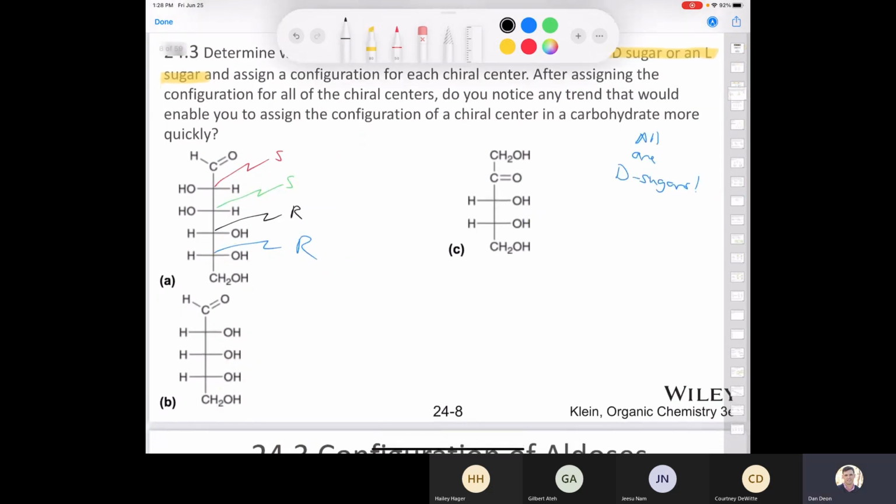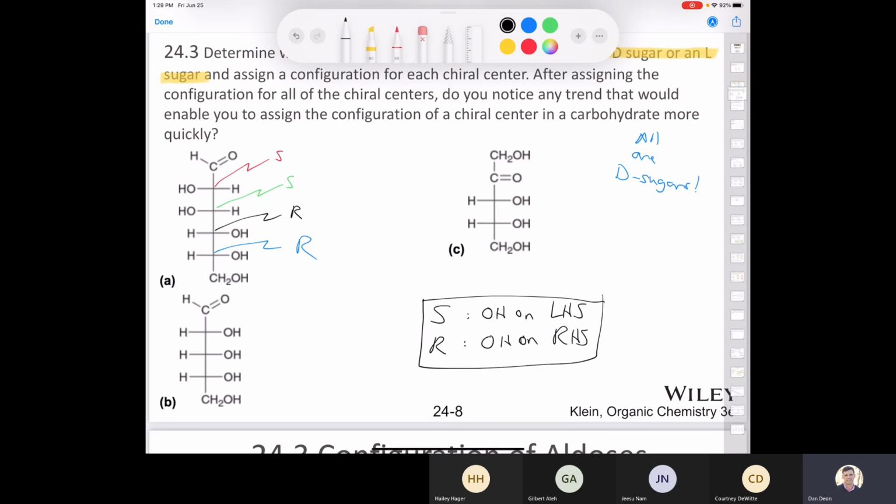If the hydroxyl is on the left-hand side, it's S, and when it's on the right-hand side, it's R. So we'll put here S is for when OH is on the left-hand side, and R is when OH is on the right-hand side. Okay, that's the shorthand for designating these.